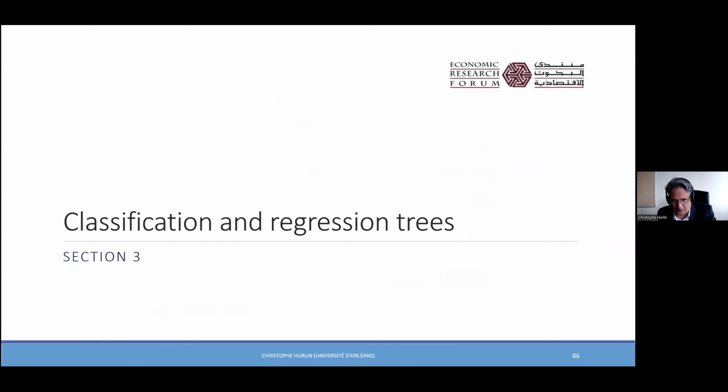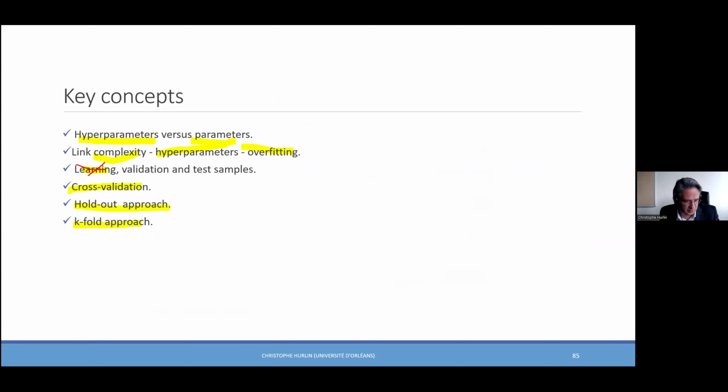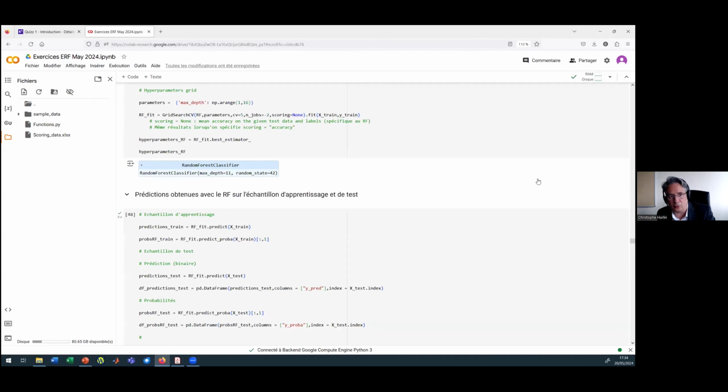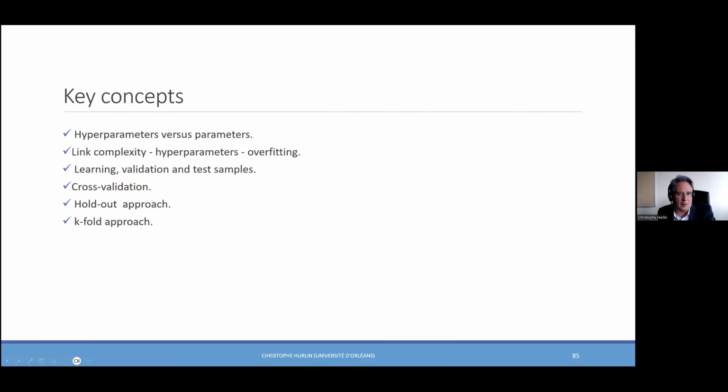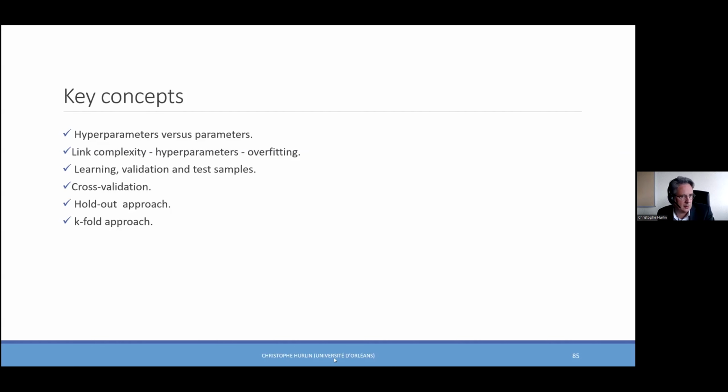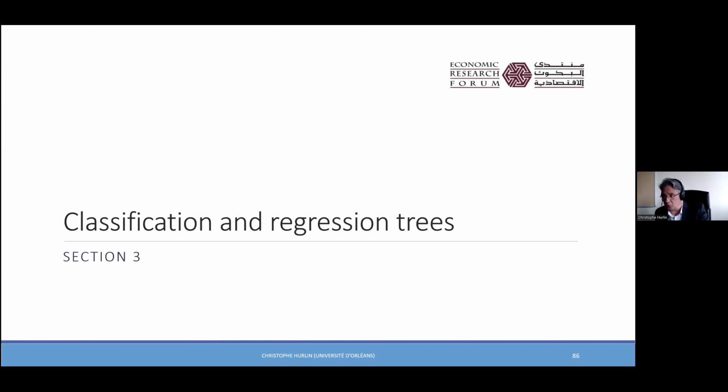So I propose to keep the second section for the next session. The next section is about classification and regression trees.